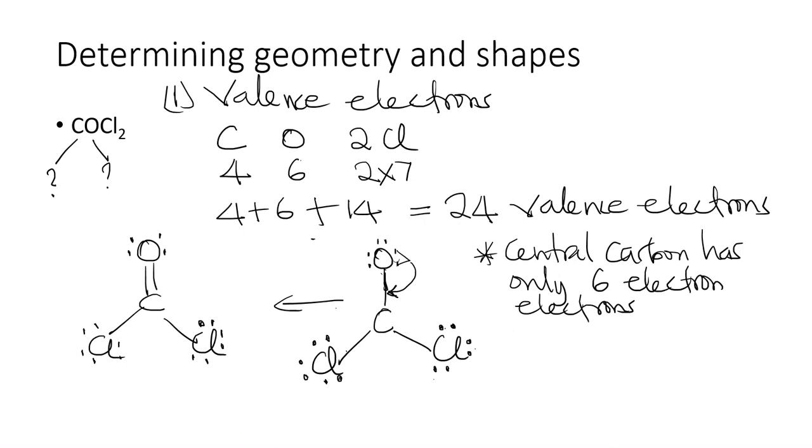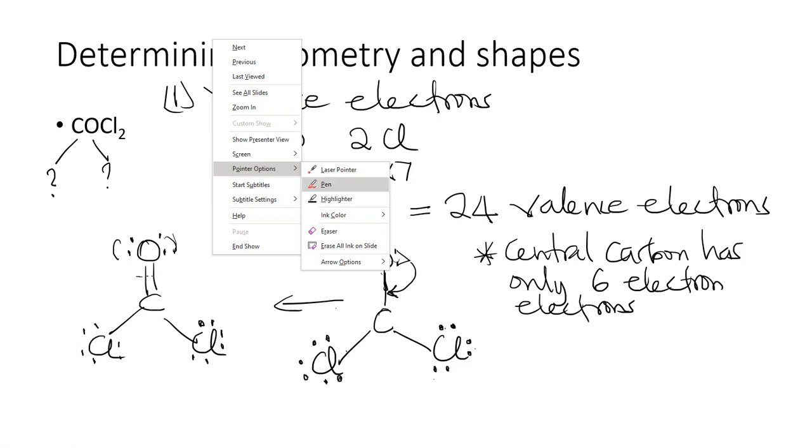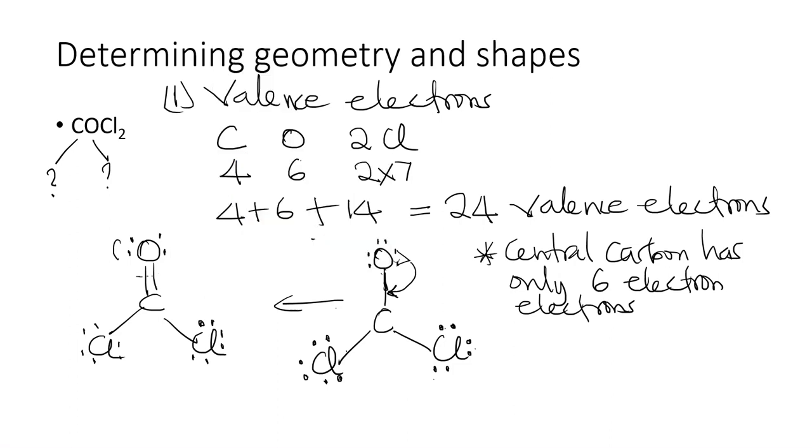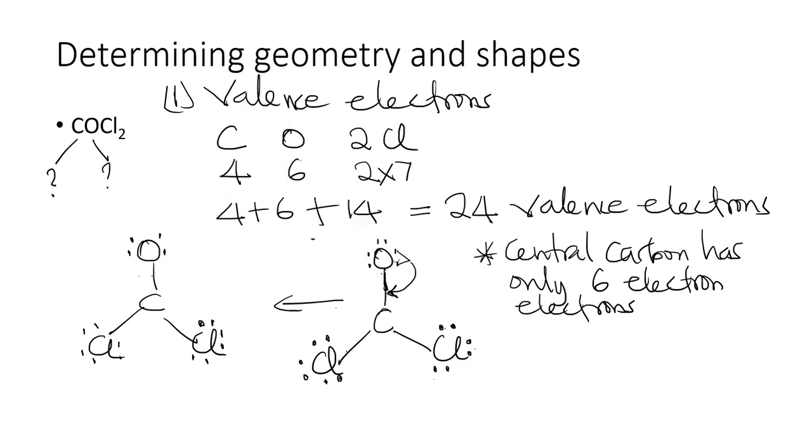But still, it has 8 electrons because 2, 4, this bond, 6, this bond, 8. So every atom in this molecule has 8 electrons. So we are good with this one.